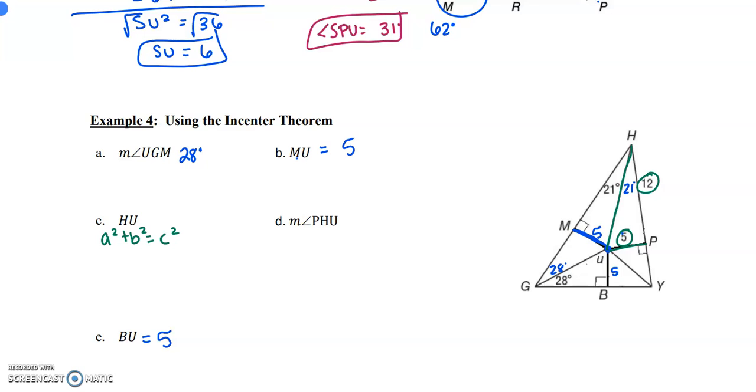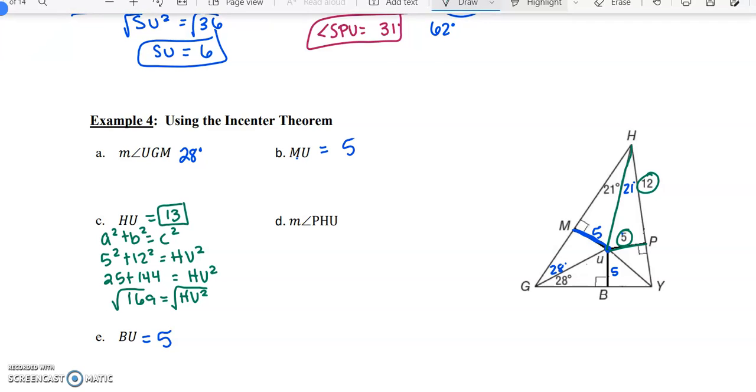That's HU, but we do have a 5 and a 12 for each of the legs. And then I'm going to change C to HU just so we know what we're finding here. And so 25 plus 144, we don't subtract on this one, we actually add. And so that's going to give me 169, and then I'm going to do the square root still of both sides. So HU is actually equal to 13.